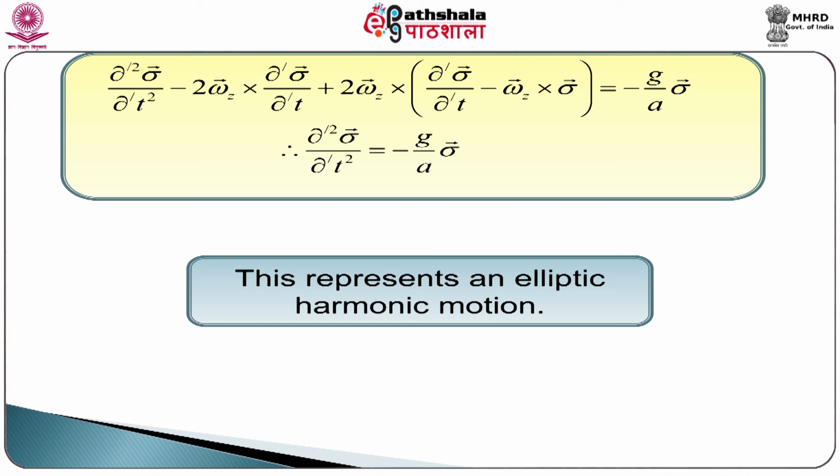This on simplification becomes ∂'²σ vector/∂'t² equal to minus g divided by a into sigma vector, which indicates that the pendulum represents an elliptic harmonic motion.